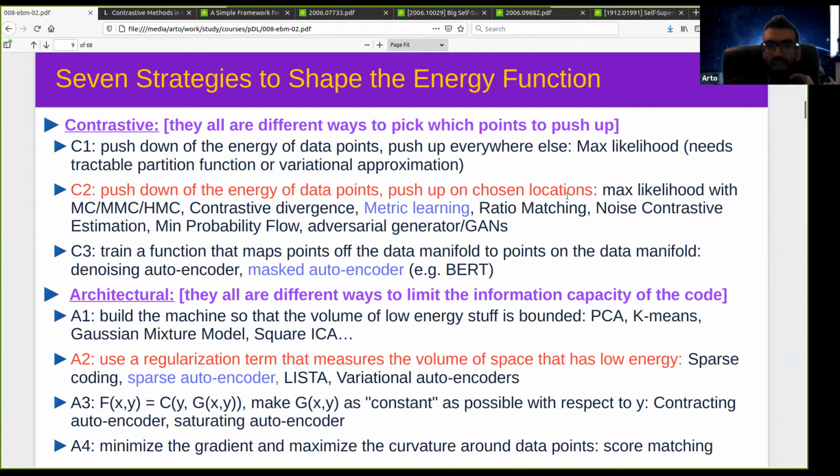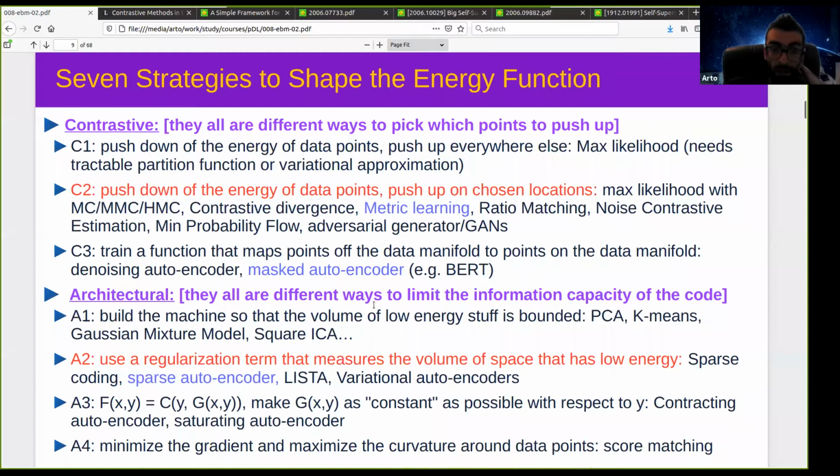But in most cases, this will not be tractable, and there are ways to approximate this non-tractable max likelihood criteria, and you can use different methods for that, like Monte Carlo sampling, use contrastive divergence, and in particular we will consider metric learning methods, which are quite popular now, and noise contrastive estimation methods.